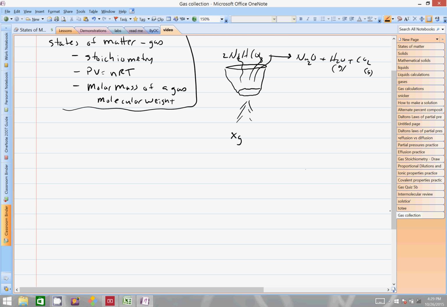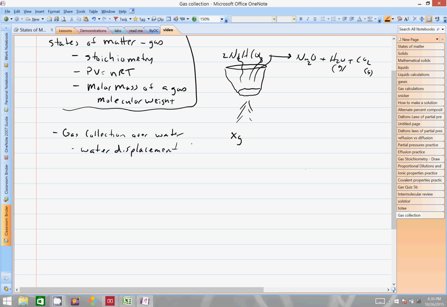We're really referring to gas collection, and the most common way is gas collection over water. So what we do is we have some way of using water displacement, and the bubbles given off by the gas would therefore displace water, and then you would know the volume.